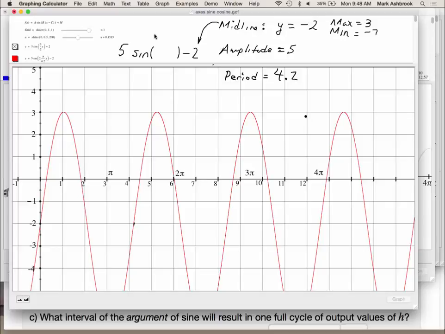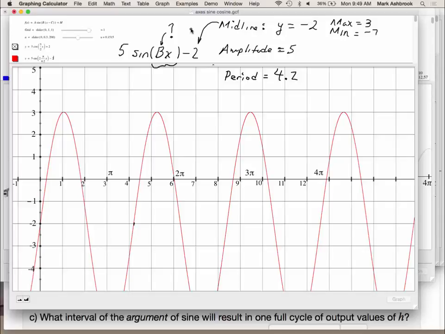Last, we need a period of 4.2 to result in an argument here of what? This is what you had in your homework. When the input reaches 4.2, that argument has to reach 2 pi. So we can call it b times x, and the question is, what is this coefficient b that makes that whole thing be 2 pi when x hits 4.2?